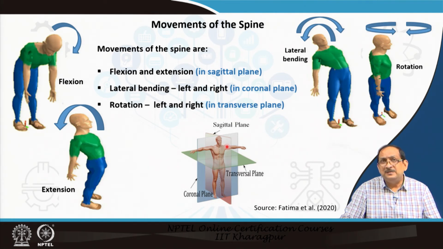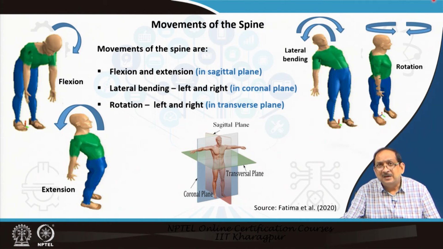Lateral bending to the left or to the right in the coronal plane is the second movement offered by the spine, and the third movement is the rotation of the spine towards the left or towards the right in the transverse plane.